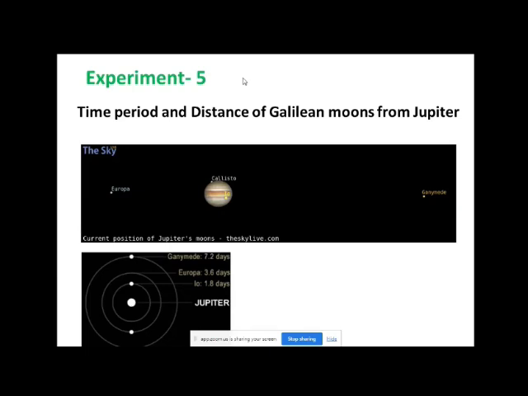Just take a note. Suppose Europa is at the left side, and you draw this in your notebook.